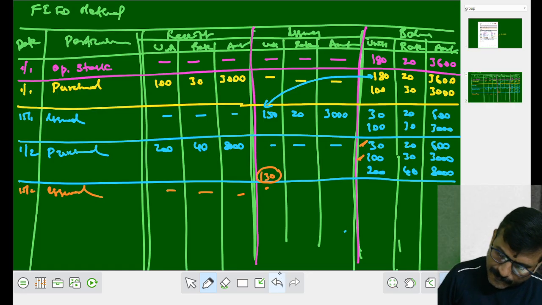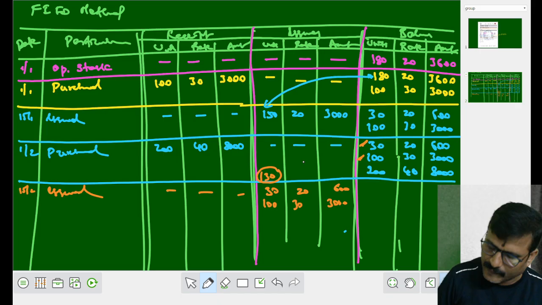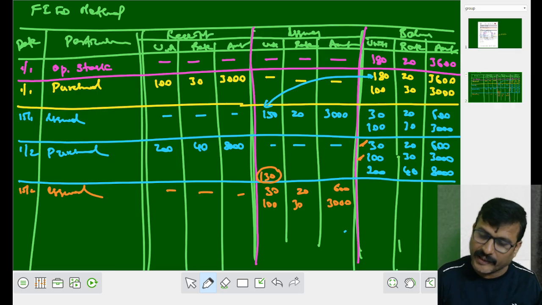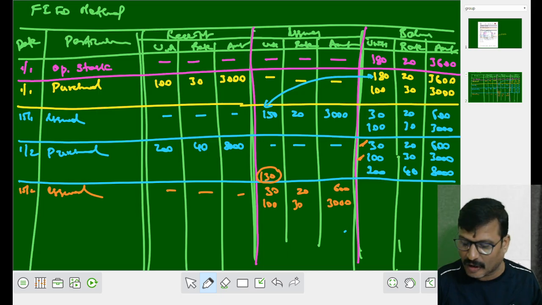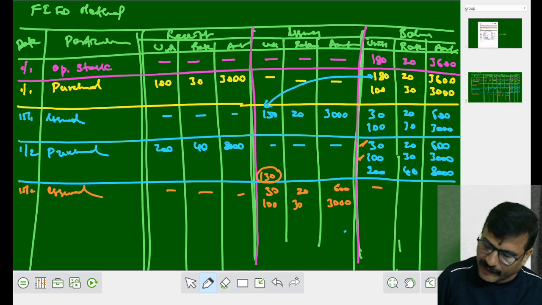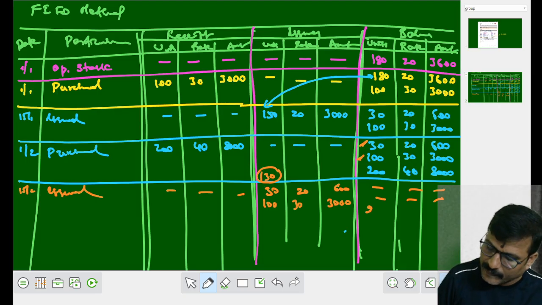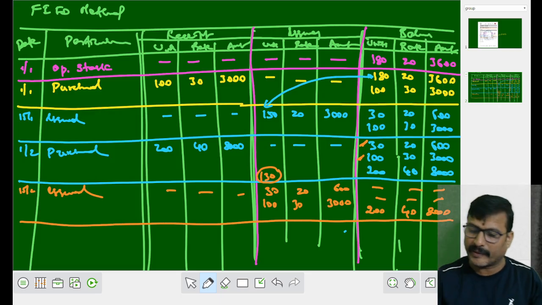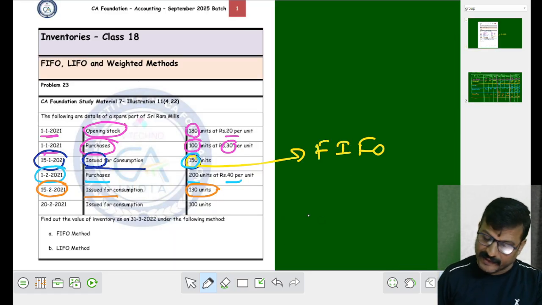So 30 at 20 rupees, 600; 100 from the lot at rate 30, 3000. Now, my dear children, you see you issued 130: 30 units from the first lot and 100 from the second lot. Your issue is completed: 30 out of 30 gone, dash; 100 out of 100 gone, dash. What is left out is 200 at 40 rupees, 8000. That completes your 15th February transaction.